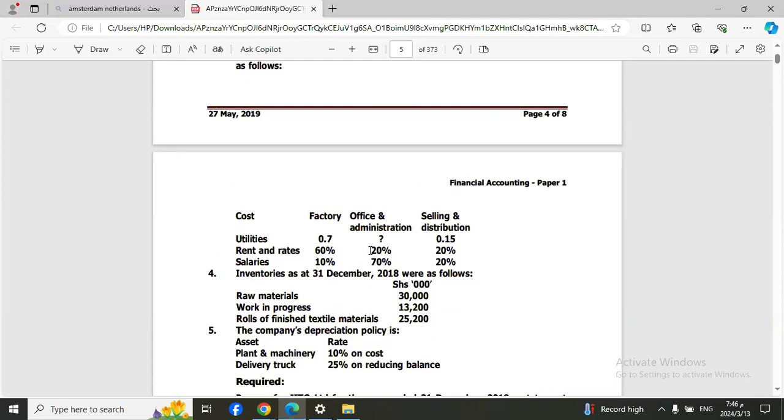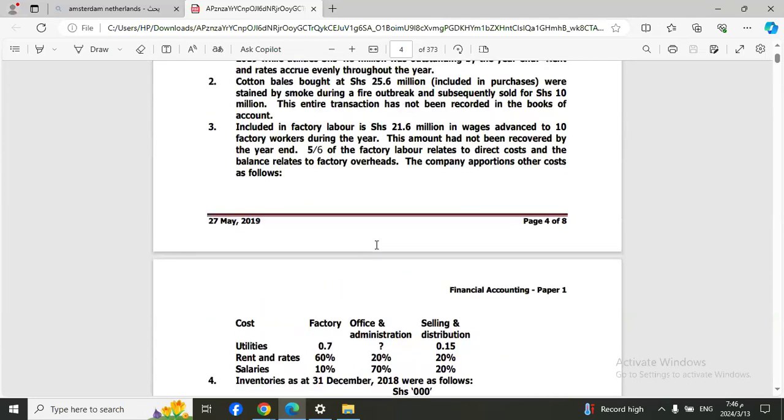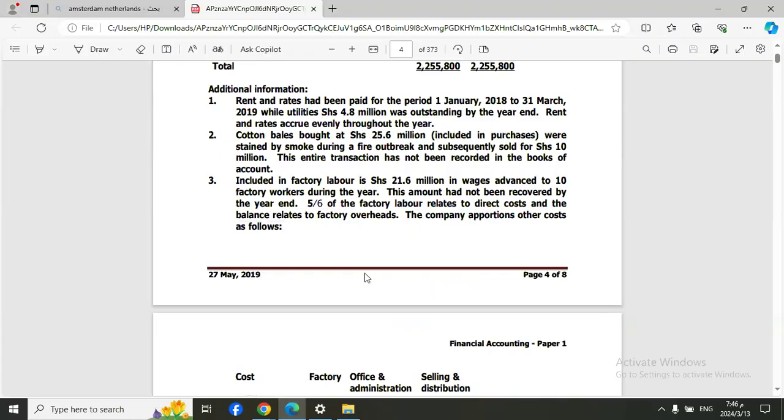So from here, let's see, do we have anything in additional information that talks about utilities? They are telling me that rent and rates had been paid for the period of January 2018 to 30th of March 2019.